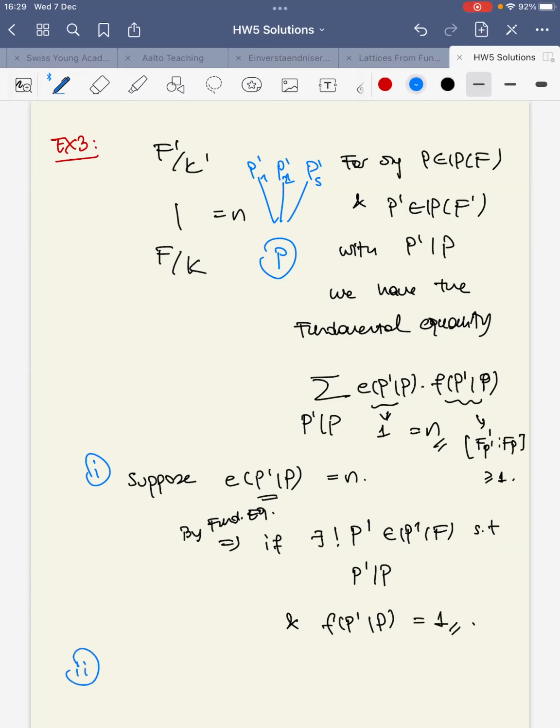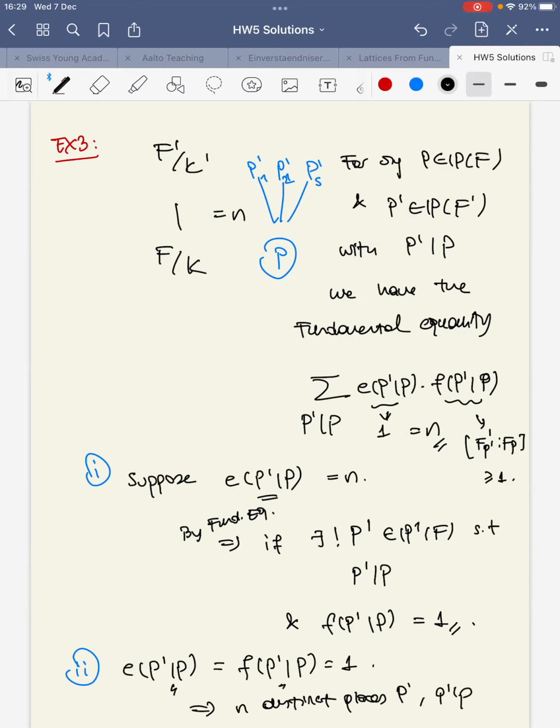And similarly, in the second statement, we suppose that the relative degree and the extension degree are the same for every extension, then we should have n distinct places P', which are extensions of P, again by the fundamental equality.